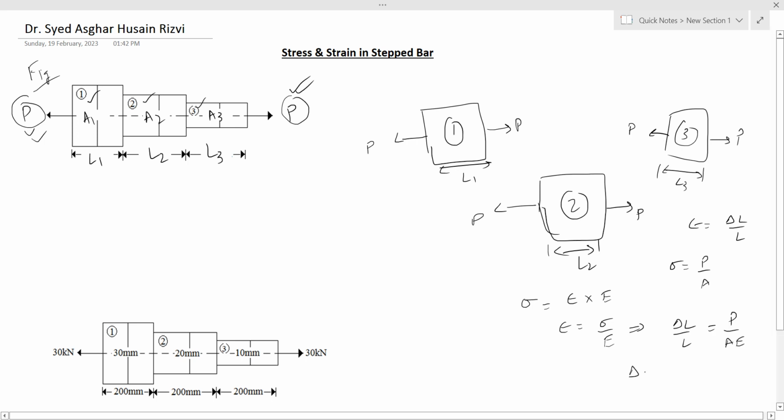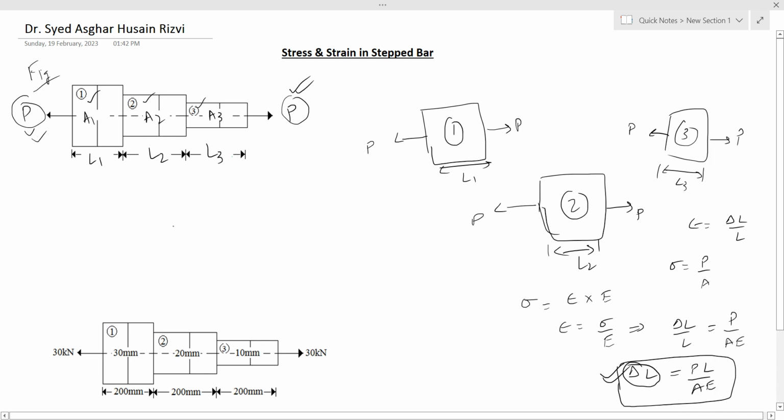So the change in length will be equal to P into L upon AE. This will be the change in length that will be calculated for each section.